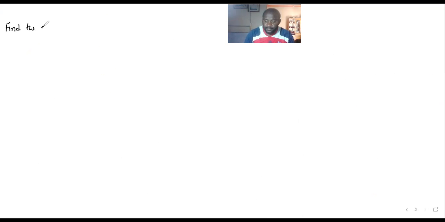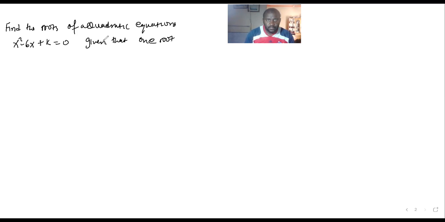Example, find the roots of the quadratic equation x squared minus 6x plus k is equal to 0, given that one root is 3 times the other, and that k is a constant.